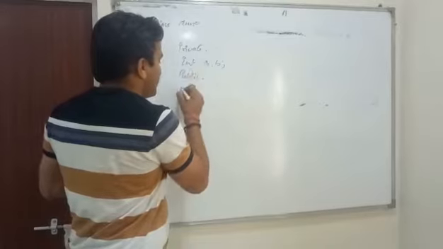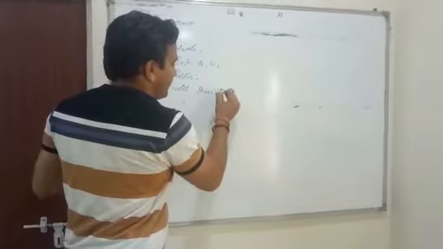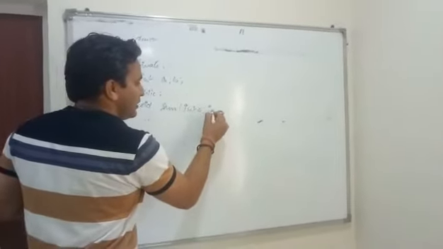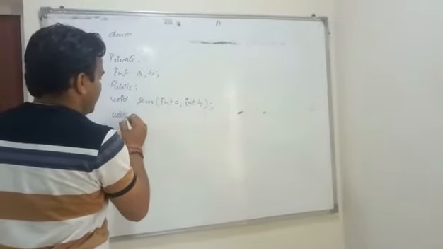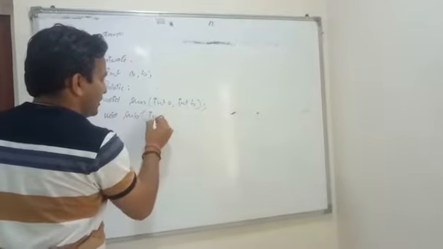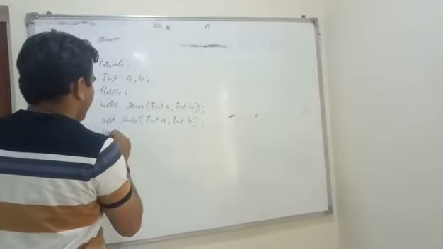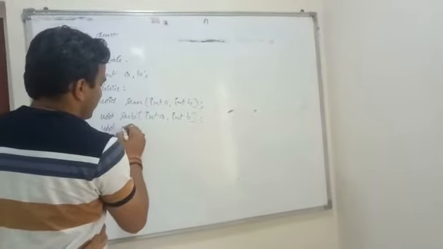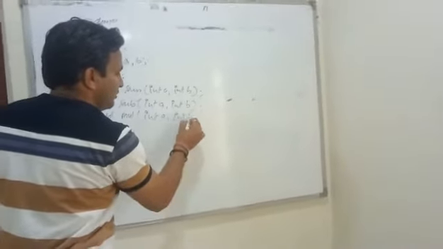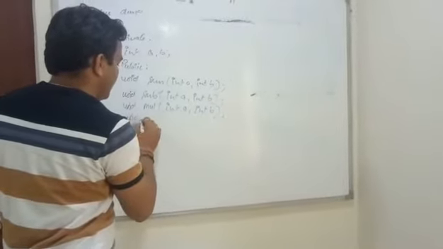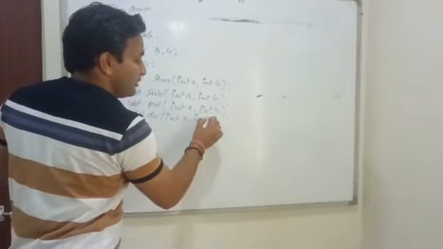Public: void sum(int a, int b); void sub(int a, int b); void mul(int a, int b); void div(int a, int b).